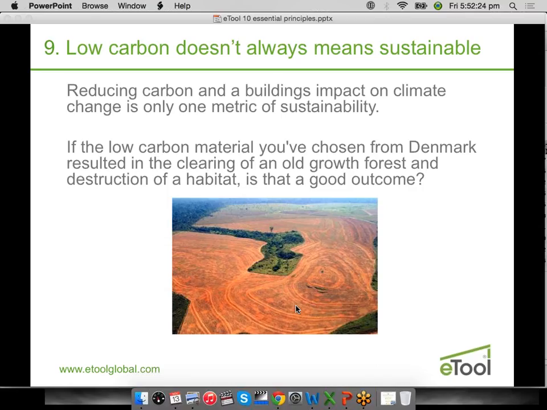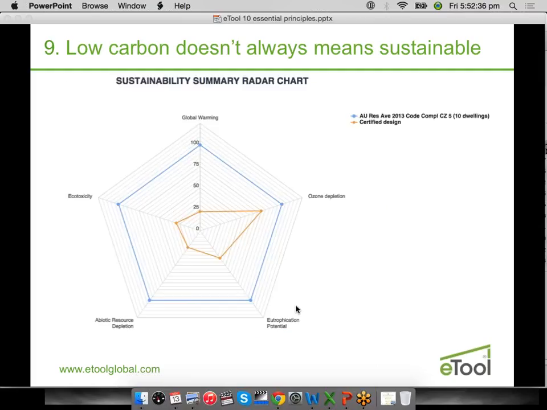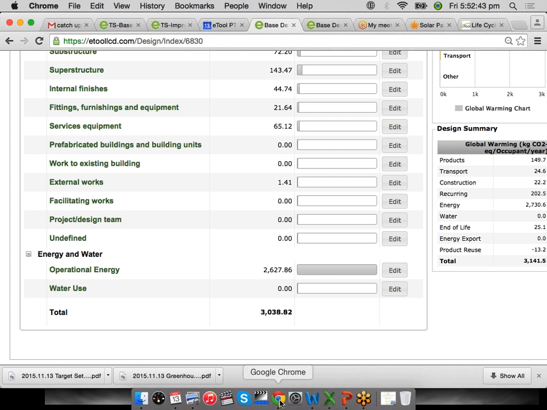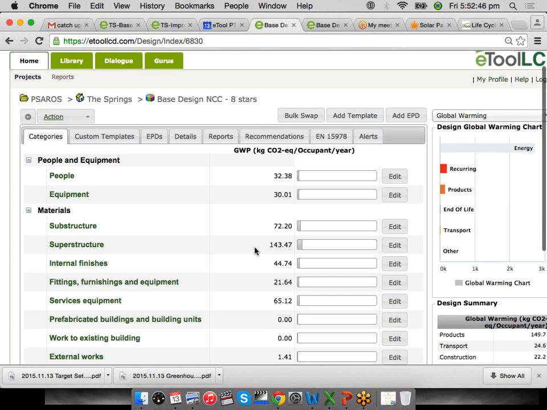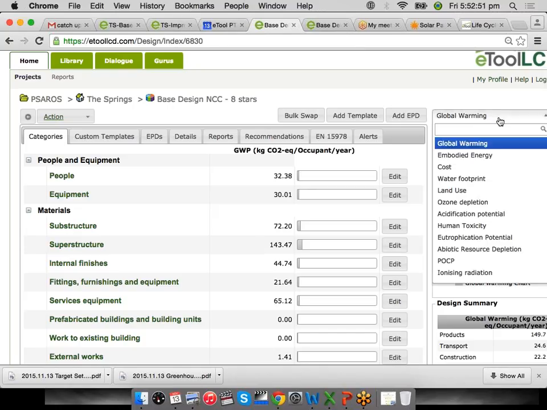If we are adopting one strategy that is depleting the ozone layer, or if we are having a problem with land transformation or toxicity, we have to look at the whole holistic approach, and we do that by running the radar charts. So when you run an assessment using life cycle design methodology, you have to report on different environmental indicators.